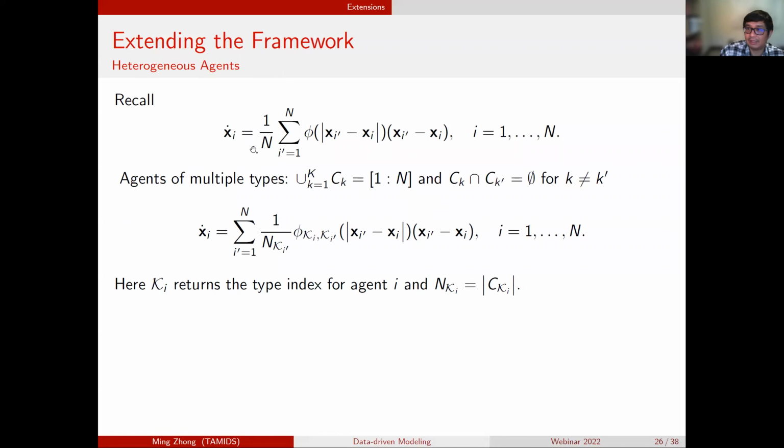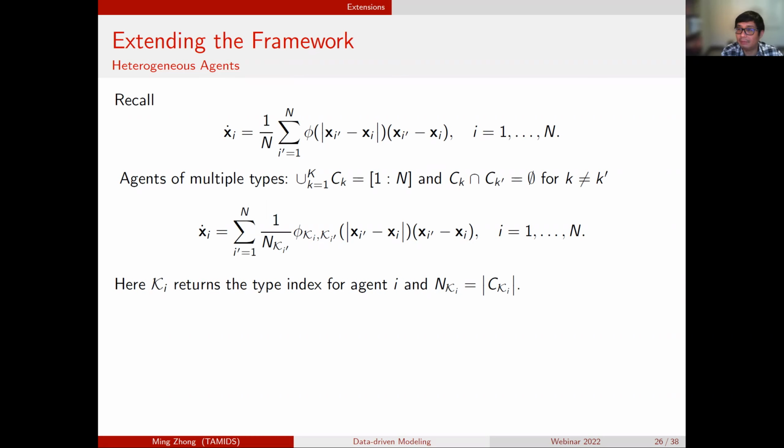Remember that the change of each state is an average sum of the interaction kernel, which depends on pairwise distance and is weighted by pairwise differences. Now this model is only applicable to a system of homogeneous agents, meaning the agents are of the same type. But in actual applications, agents don't necessarily belong to the same type. We can assume that agents belong to different types.